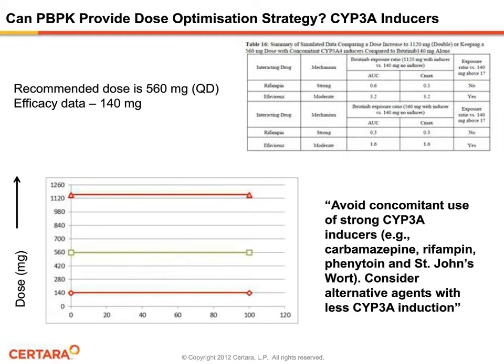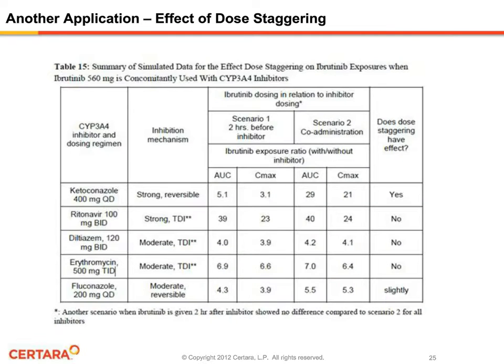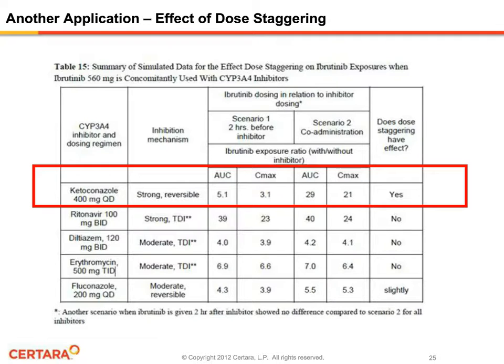Another interesting aspect where the model was applied was the effect of dose staggering. And of course, this is very important, especially for a drug like ibrutinib that is high extraction, because it's susceptible to a lot of first pass inhibition, and therefore dose staggering could have quite a large impact.